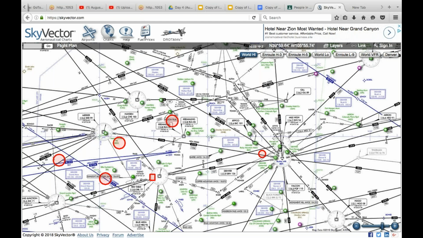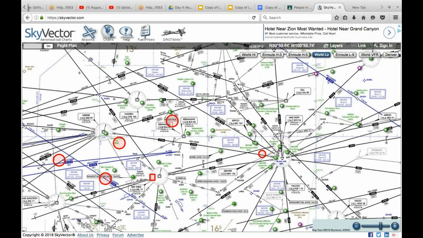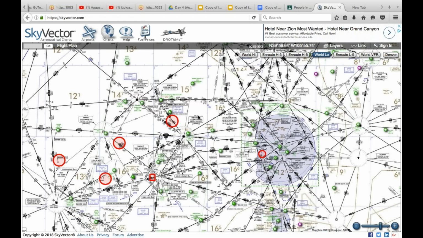Whereas the obstruction clearance altitudes are going to be these, those golden numbers that he's pointing to there. That's the altitude that you have to fly to clear all obstacles.